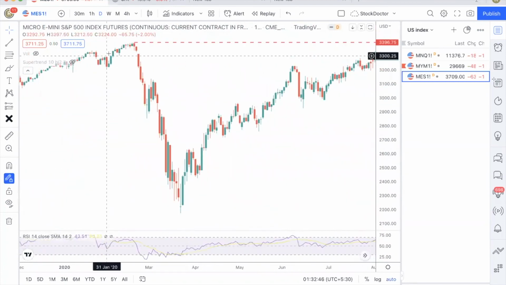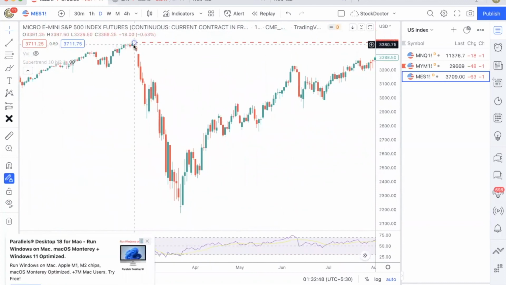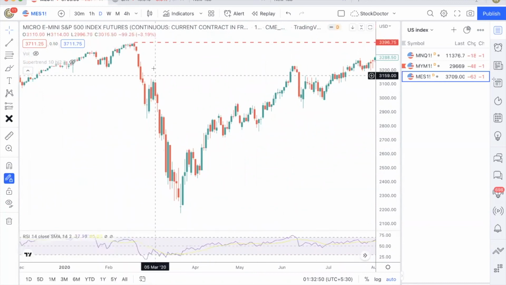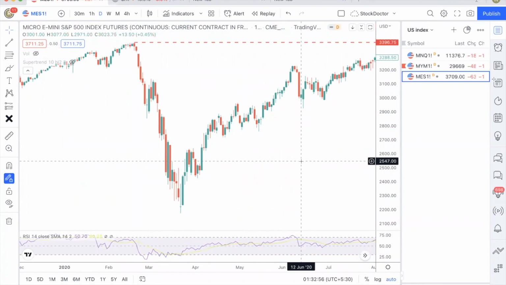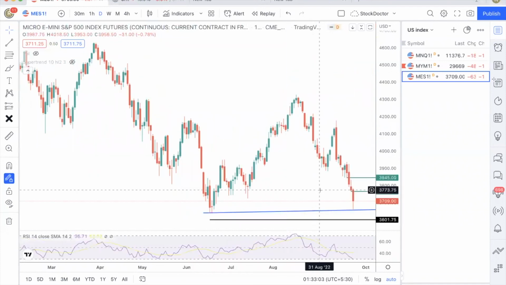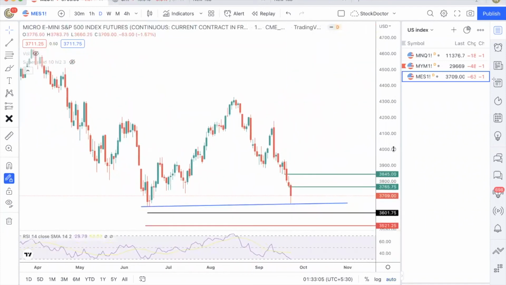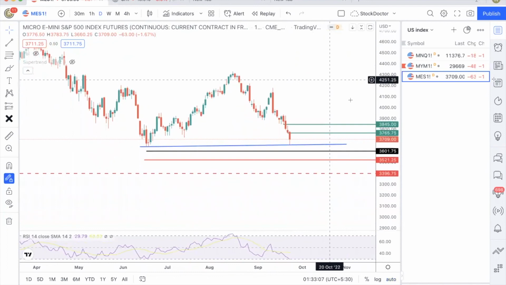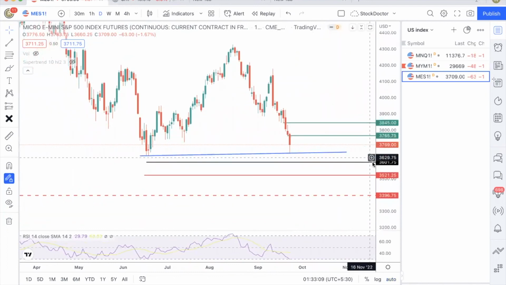You can see here, this was the pre-COVID high in February 2020. Pre-COVID high was 3380. So these are the levels. As I mentioned, if we start trading below 3600, then 3521 and 3400 are the levels for the downside.